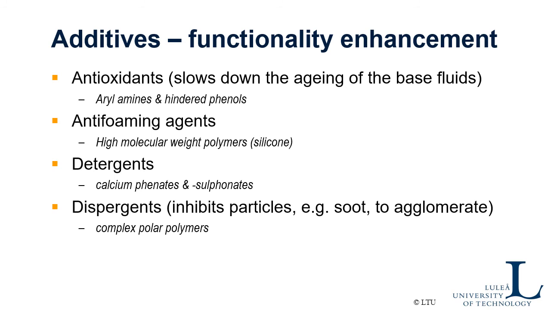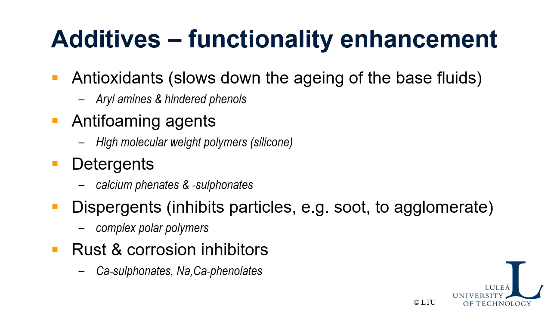And you have dispersants that keep particles, they stop, for example, soot particles from agglomerating, to form bigger particles, because bigger particles may be detrimental for the surfaces when you trap them in between two surfaces. So you keep these dispersants. They are surface active on the particle and keep the particles away from each other.